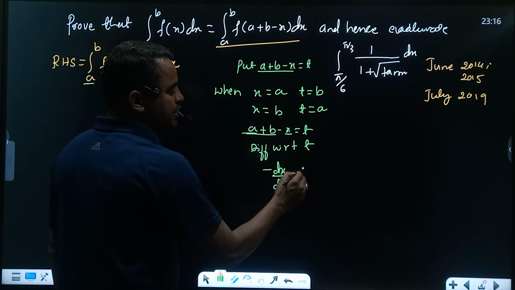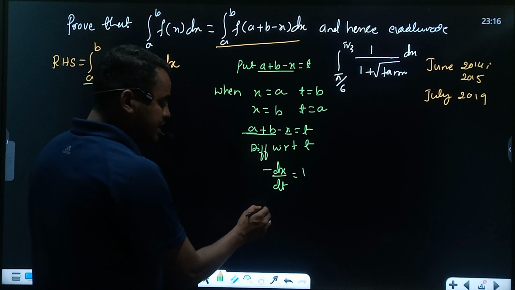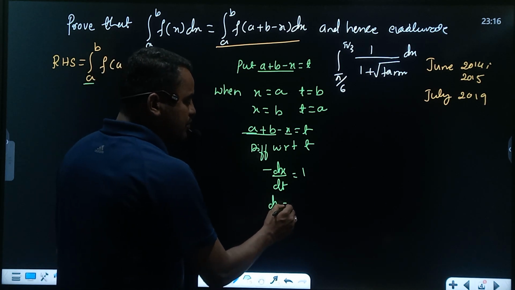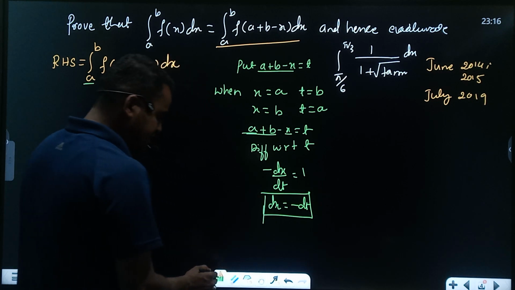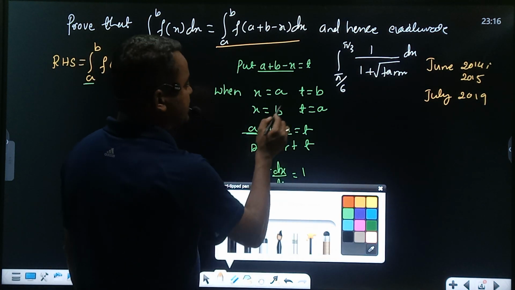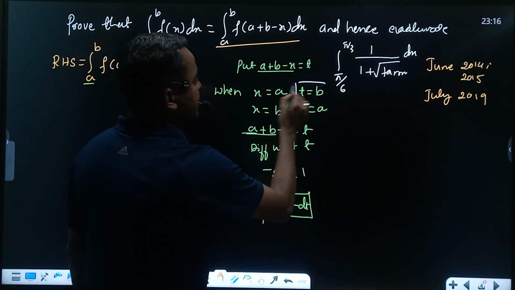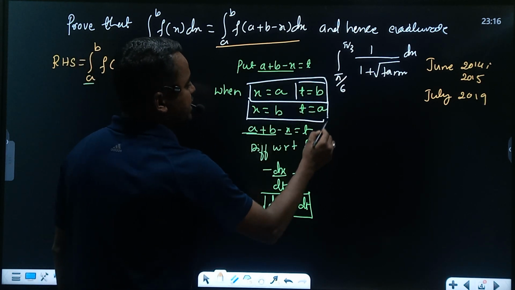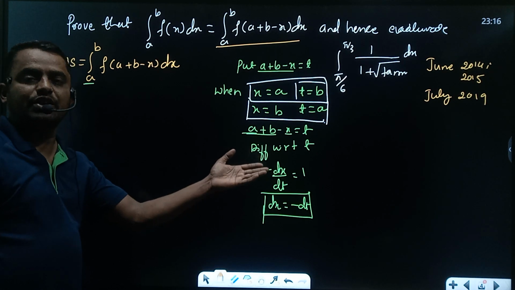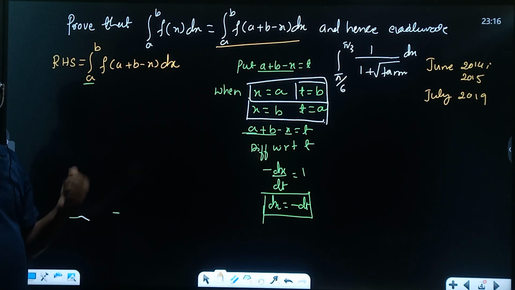Derivative of t with respect to t is 1. Now dx is equal to minus dt. So these things we are using here: t is equal to b when x is equal to a, t is equal to a when x is equal to b. That we are using here in the RHS part.